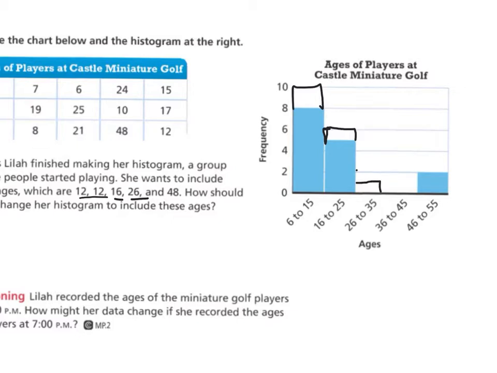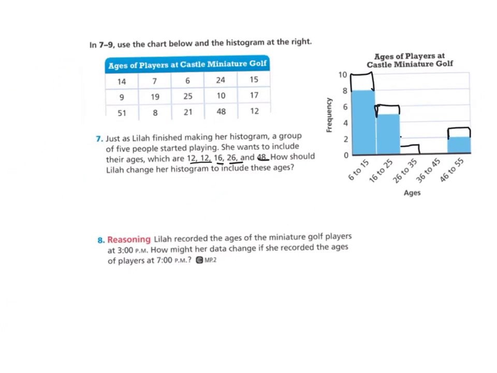Now notice the lines are going by 2s here, so don't go all the way to that line with that one. And then 48 would increase this by 1, up to 3. Okay, so basically just changing the bar heights is how we would change the histogram.